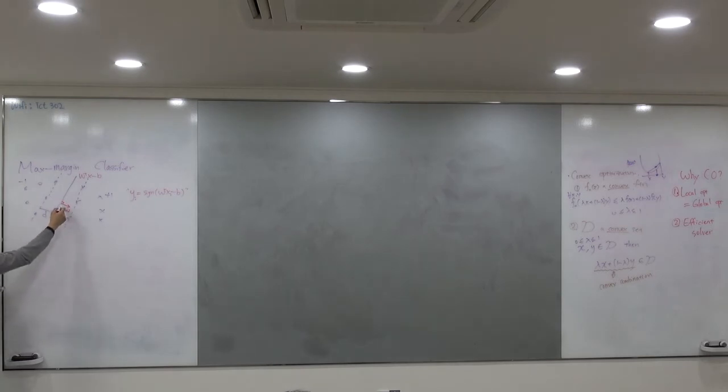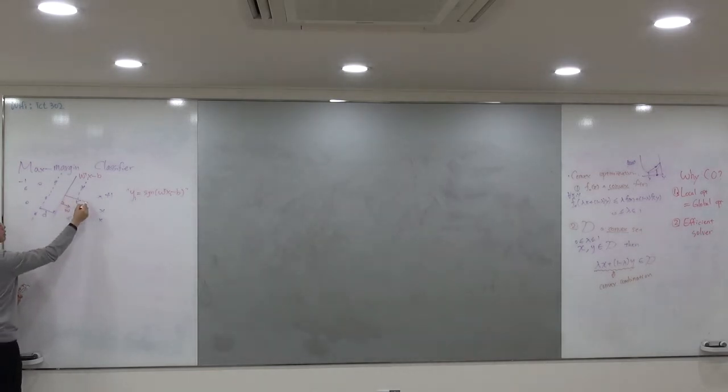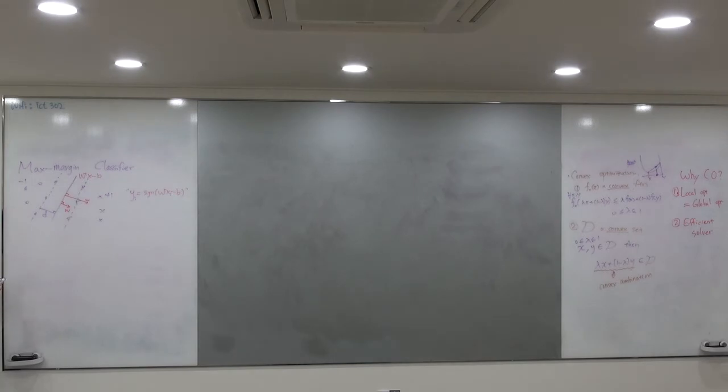And this should be perpendicular to the decision boundary, as your vector calculus says. You should note that we are free to vary its size, its norm, because this and this weight vector should yield the same decision boundary, agree?